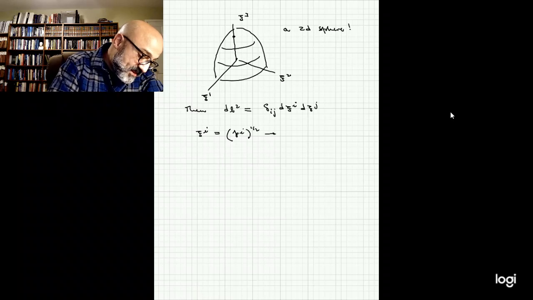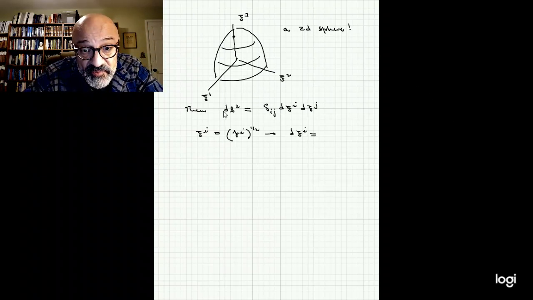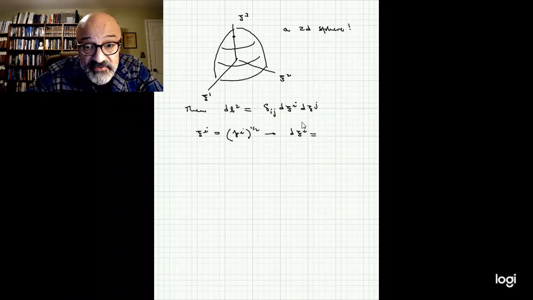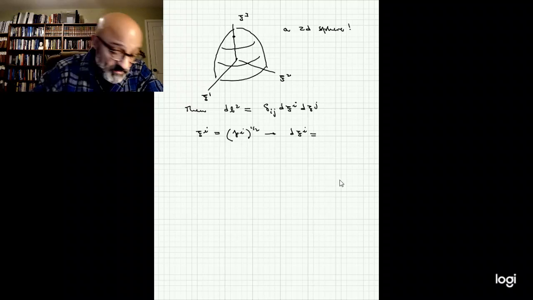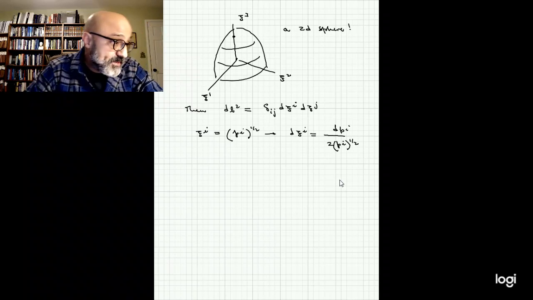Then the dξ, because I want to substitute back and find out what the metric looks like in terms of the P coordinates, if I just compute this from here, what I get is 1/2 P to the minus 1/2 dP.